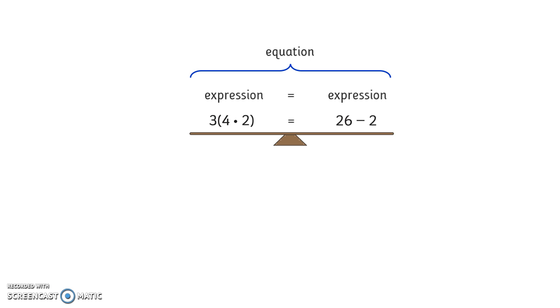The quantity of 3 times the quantity of 4 times 2 equals 24, while 26 minus 2 is also 24. Both sides are balanced, meaning both sides are equal. The end result of an equation is to be balanced.